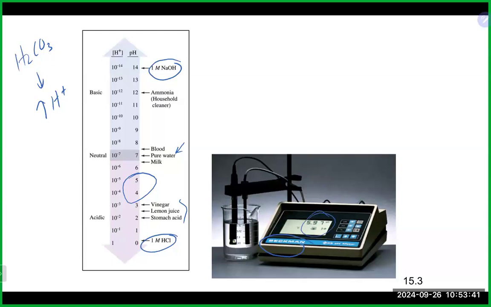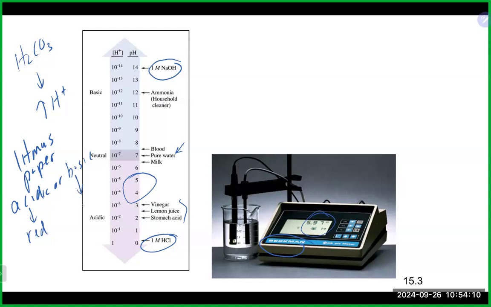You could also use pH paper, where you dump the solution on the pH paper and it changes color. Like if you ever tested your pool, you kind of move it around to try to match up the color to figure out what the pH is. We also sometimes can use litmus paper, which doesn't give you the pH, but will tell you if something's acidic or neutral or basic. Usually with litmus paper, if it turns red, it's acidic.